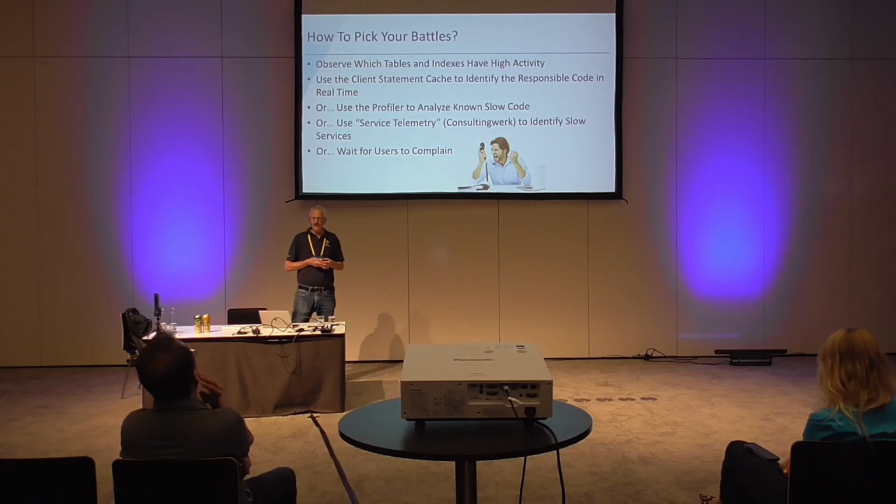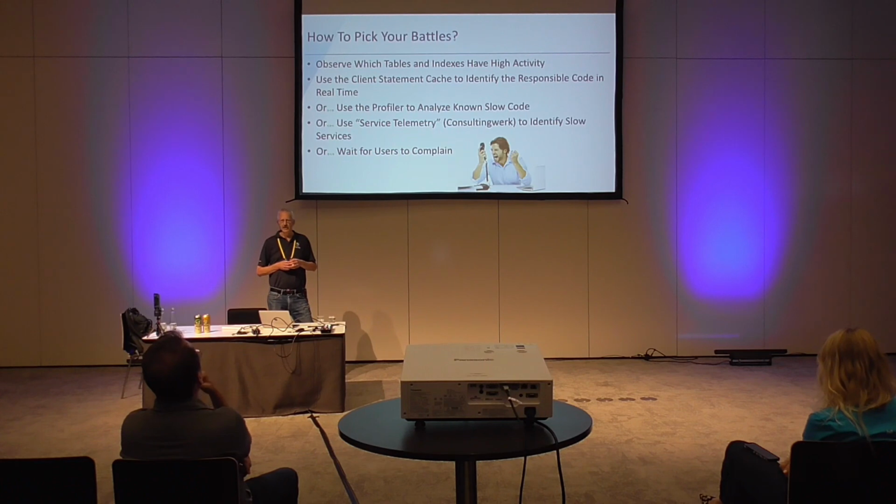You can use the client statement cache to identify which statements in your code are driving database activity. I did a talk on this last year. You can get it off of YouTube if you want to check it out.